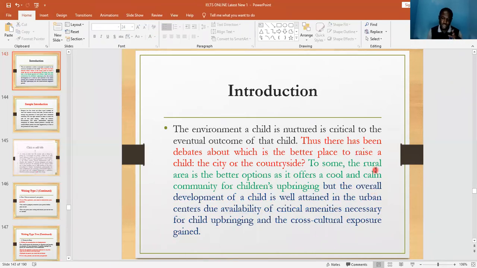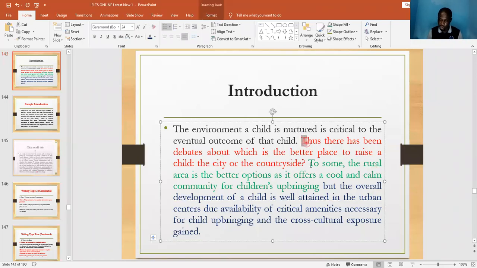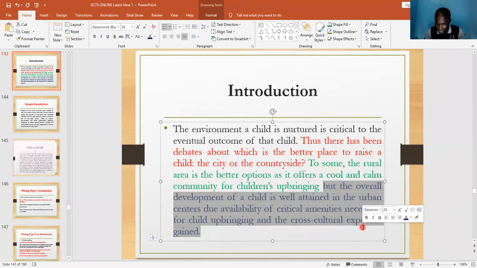So these are the critical components, these three in red, in green, and in blue. Especially the red and the blue, they are the critical parts. The green is just to make your argument robust. So that was part of the things we did.